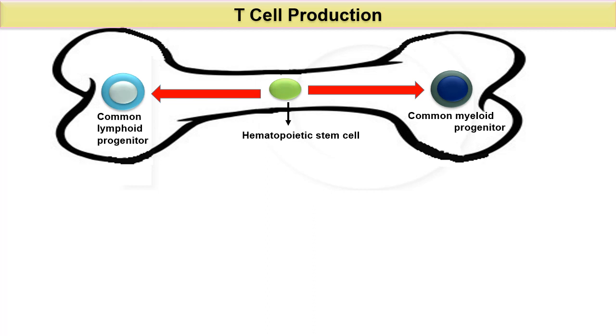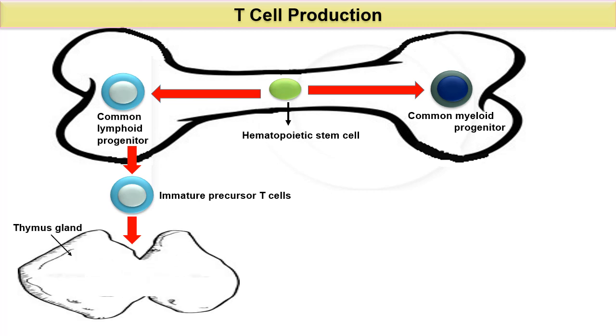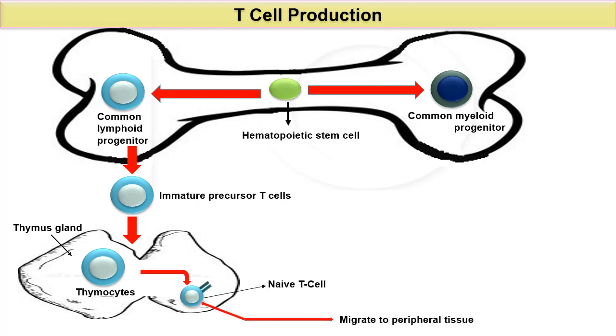Now these common lymphoid progenitor cells migrate as immature precursor T cells via the bloodstream to the thymus gland. In the thymus gland, now they will be called thymocytes. These thymocytes go through a series of maturation steps and they become the naive T cell and migrate to the peripheral tissue.